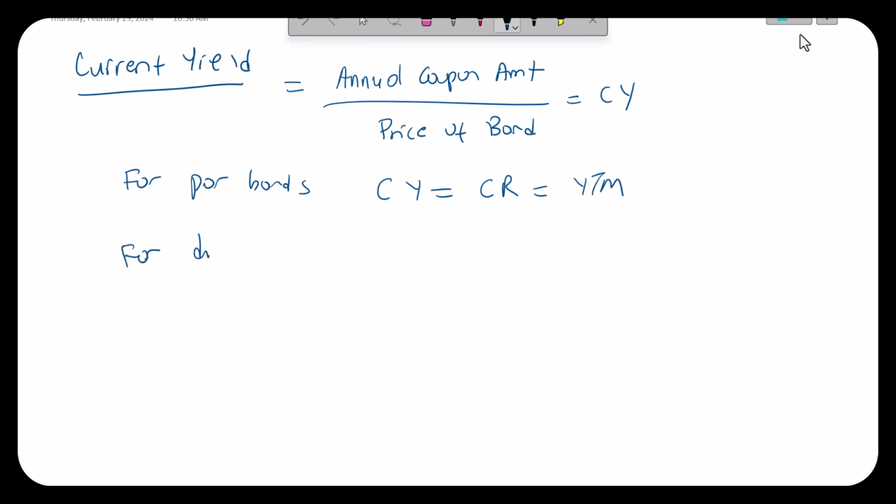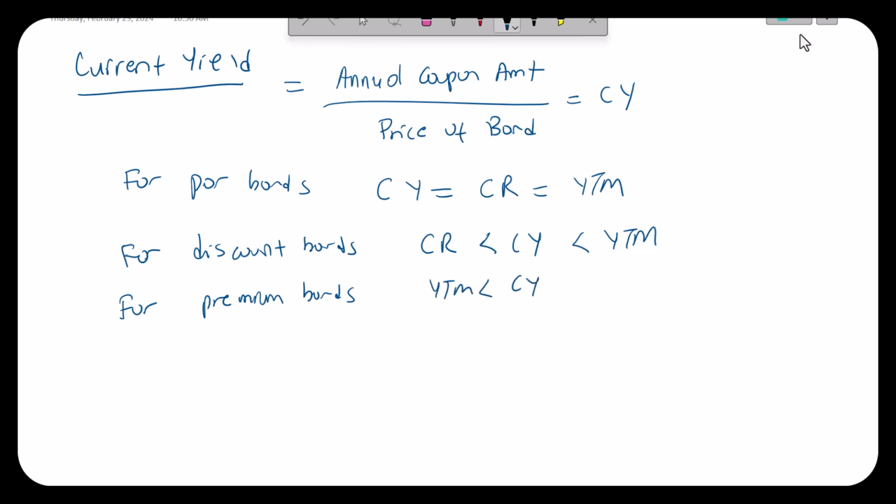For discount bonds, coupon rate is less than current yield, which is less than YTM. And for premium bonds, the reverse applies.